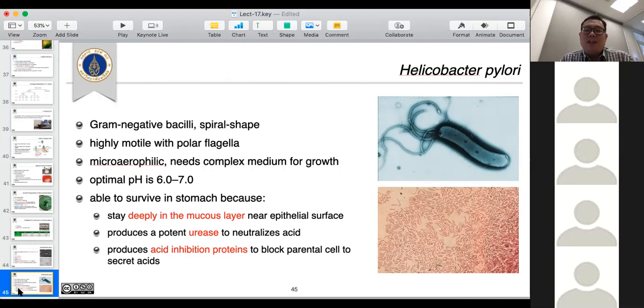But later on, when we knew about this action of Helicobacter pylori, antibiotics could cure the gastric ulcer. It can spread to other areas if they move deeper, okay?